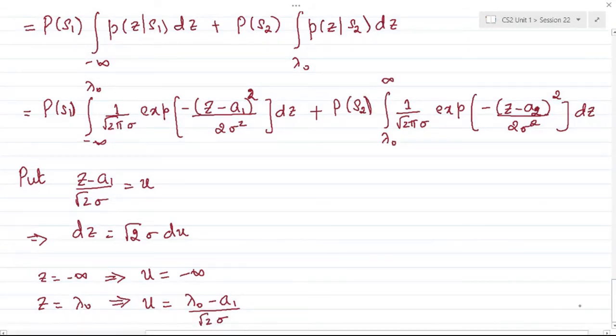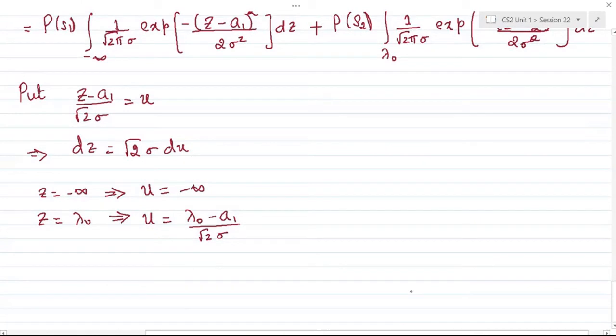There is a difference now. We took lambda naught to be half of a1 plus a2 in the last class. Now I cannot make such a substitution. Lambda naught is some arbitrary threshold in our case now, not exactly at the crossover point.